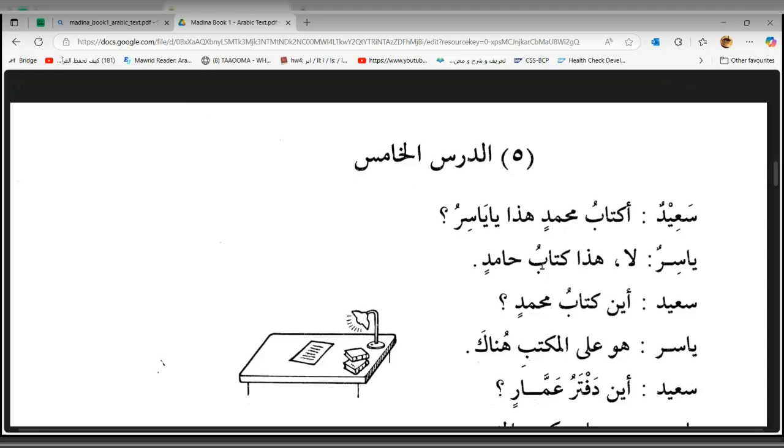So Muhammad and Hada, these two are Mubtada. They are like the subject of a sentence, and the rest is the predicate. Okay, so we saw that. And one of the rules we mentioned is that the mubtada is always definite. I mean, not all the time, but like 95% of the time it is definite.